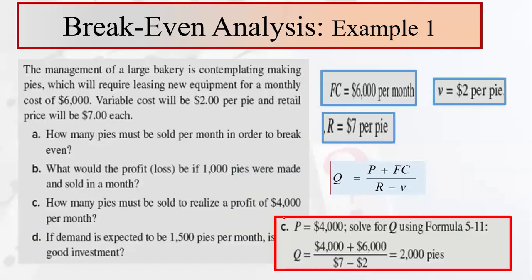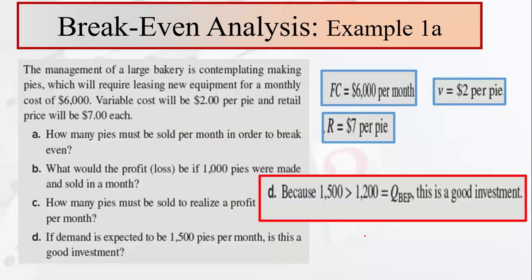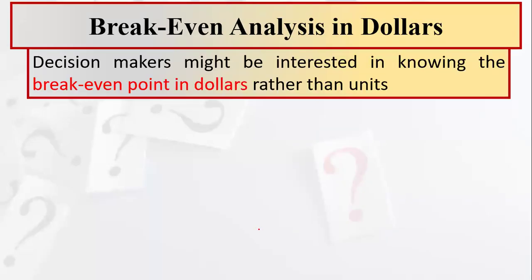Did I put 5,000? It's 10,000 divided by 5, so it's actually 2,000 pies. Sorry for that. So 2,000. Is it a good investment? Because it's more than 1,200, which was the break-even, it is a good investment.